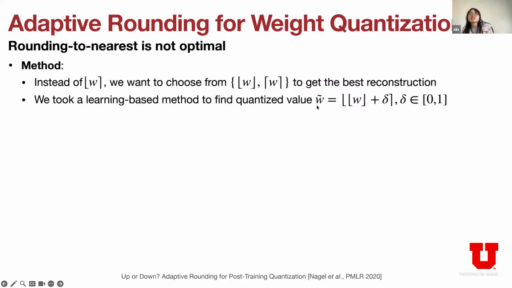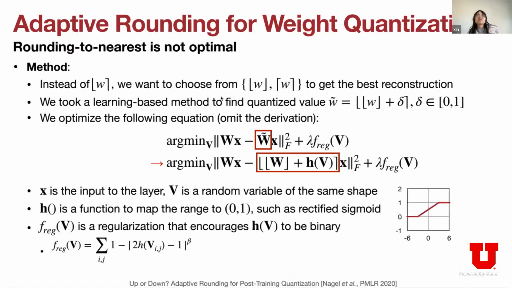So it can alternatively be represented as floor rounding plus sigma, where sigma would be either 1 or 0. So for this method, it will not necessarily round to the nearest number. It has two options.